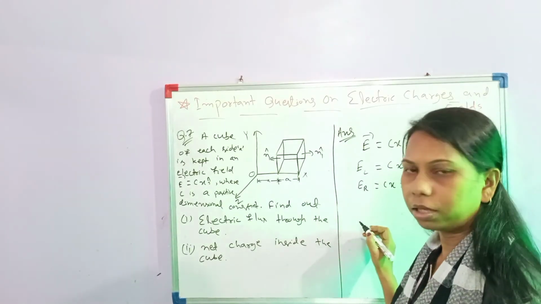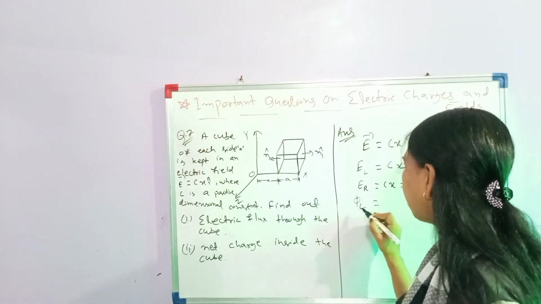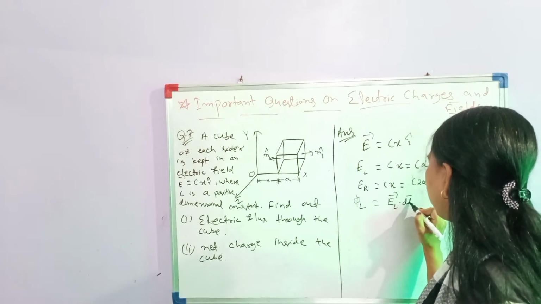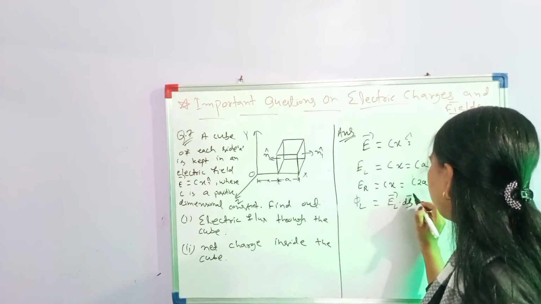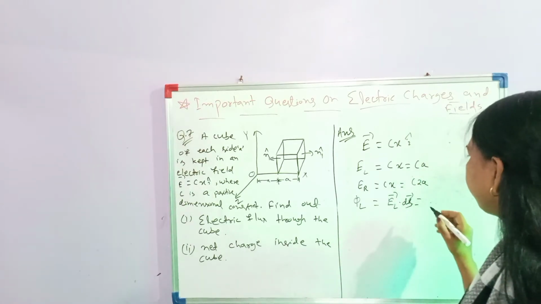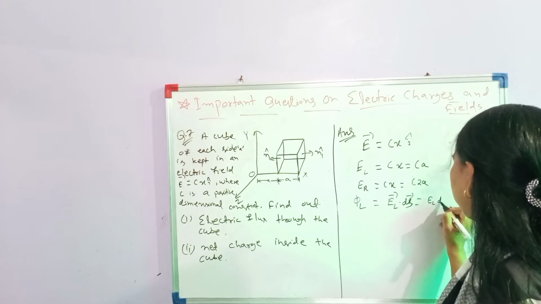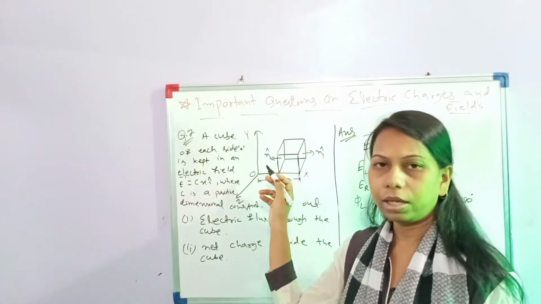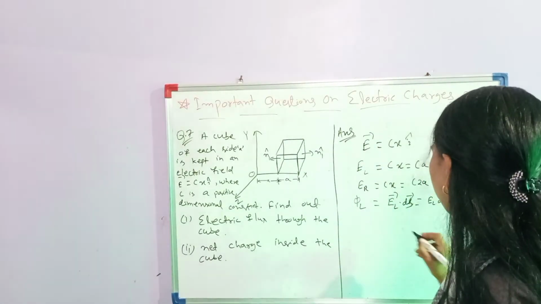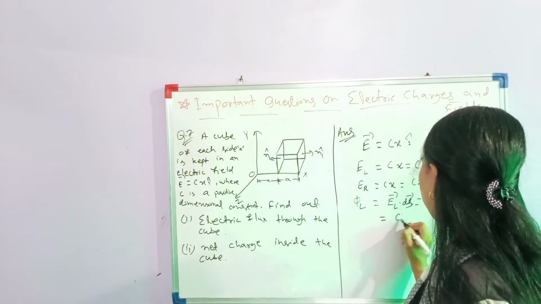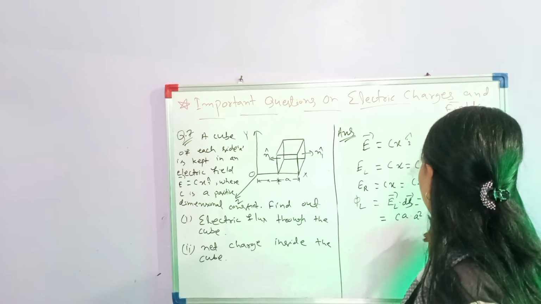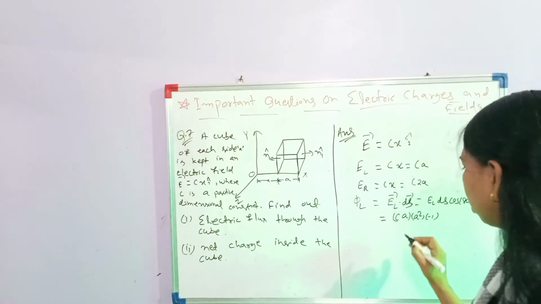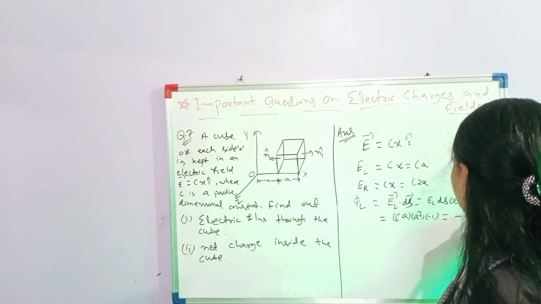So corresponding fluxes: flux through the left face, phi L, equals EL dot ds, equals EL ds cos 180 degrees, because field and area are in antiparallel directions, equals Ca into a square into minus 1, equals minus a cube C.